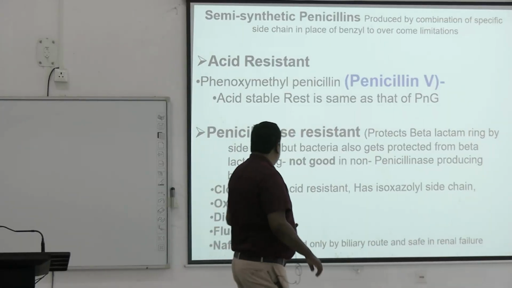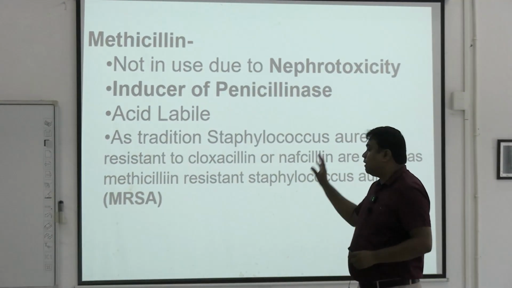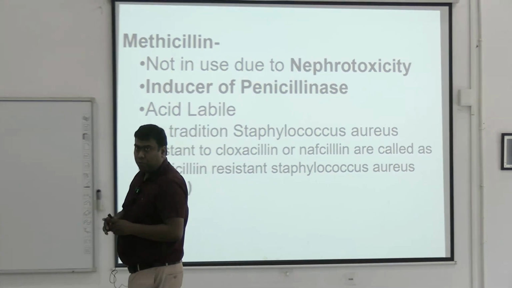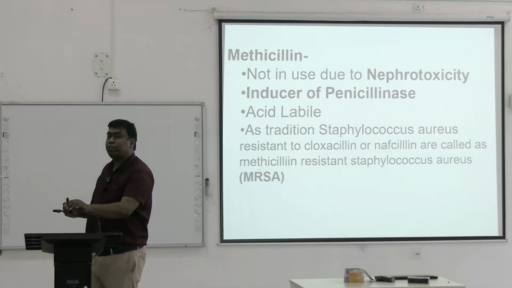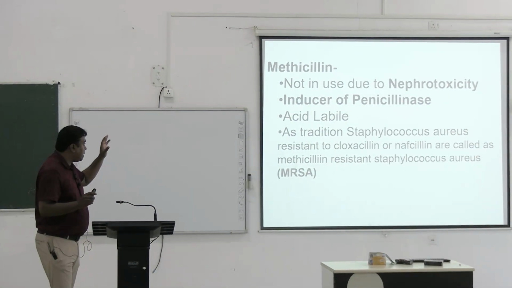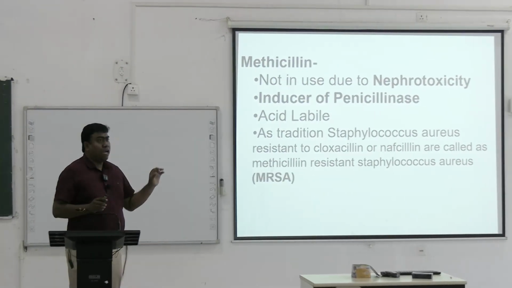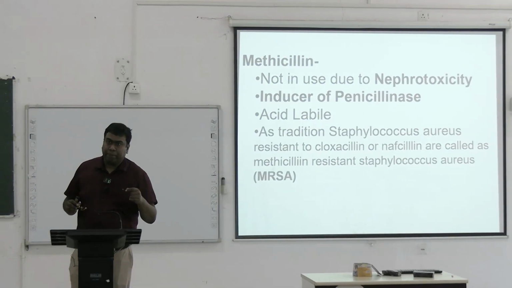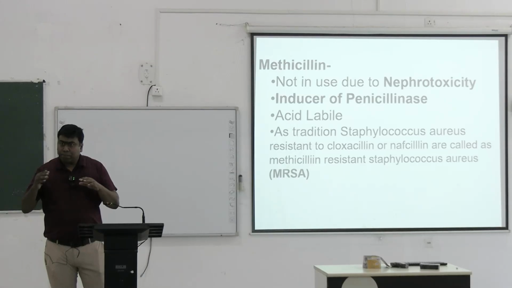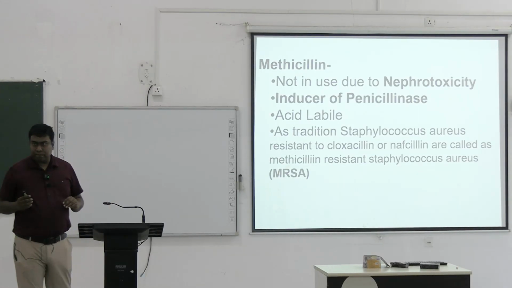Already discussed these things. Methicillin. Nowadays we rarely use Methicillin, due to its toxicity. Which type of toxicity? It is nephrotoxic. It is acid labile, and if we give Methicillin where there is no penicillinase producing organism, it can induce penicillinase.